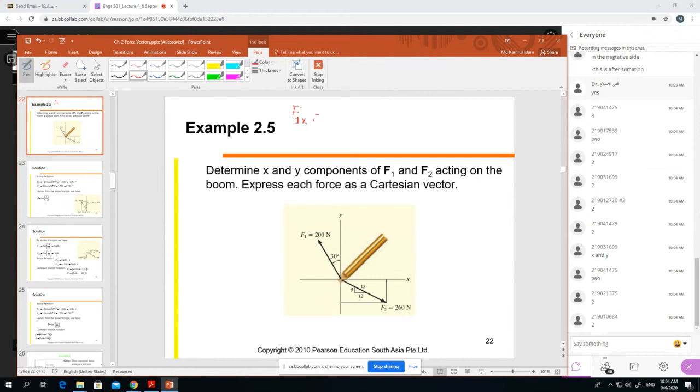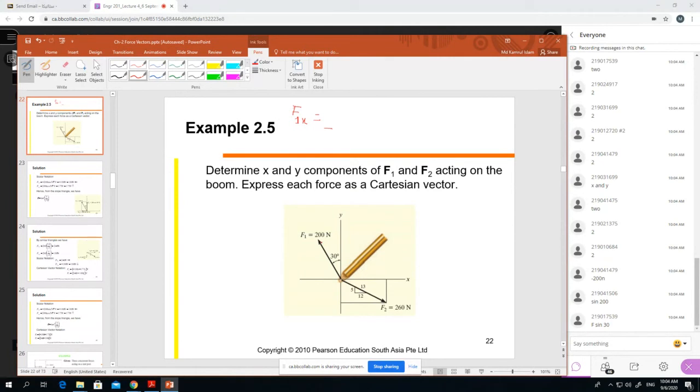Now you are going to tell me F1x equals how much? Tell me the answer please. 200 sine 30.